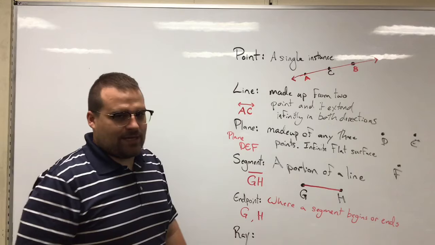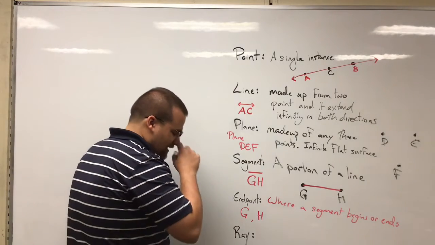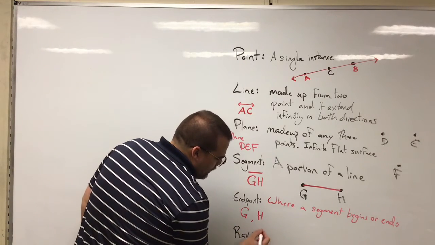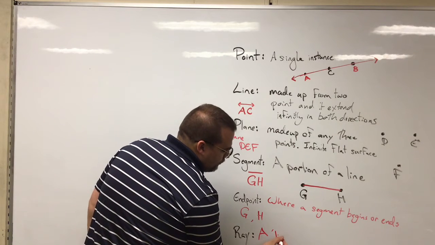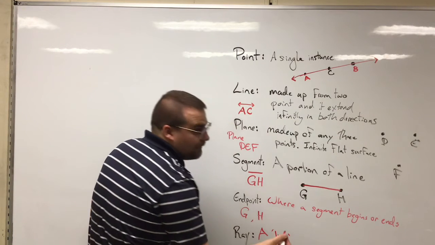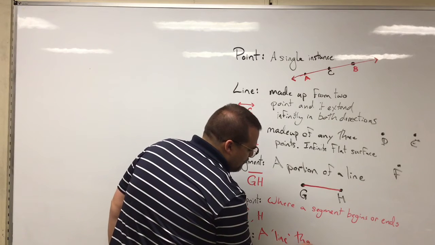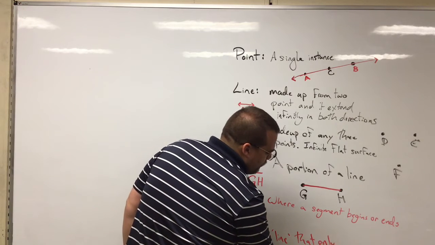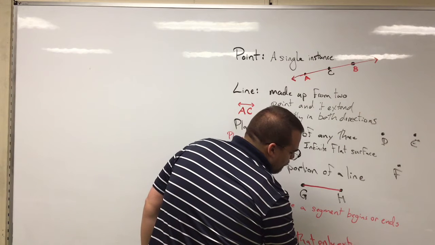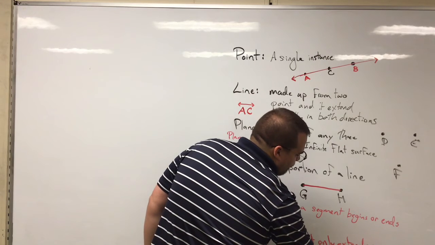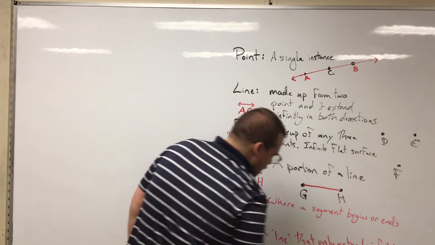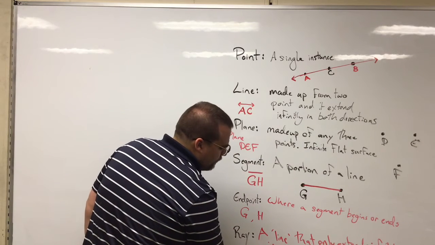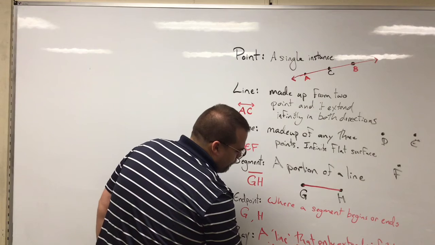Finally, we have a ray. A ray is, I'm going to use the word very loosely here, a line that only extends infinitely in one direction.